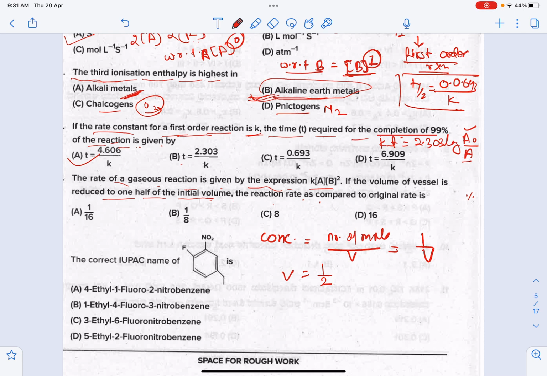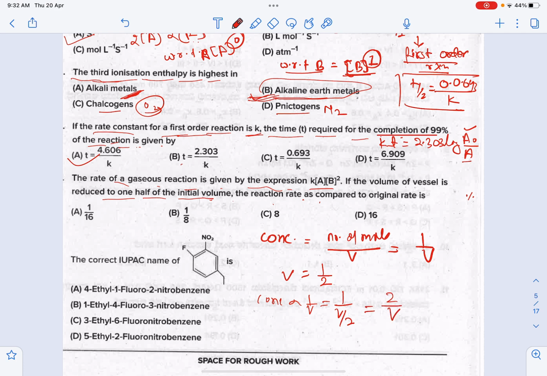Okay, so let's try this question. As you know, concentration is inversely proportional to the volume, and in this question the volume is reduced to 1/2. If we reduce the volume to 1/2, that is, 1 by V by 2, then what will happen?